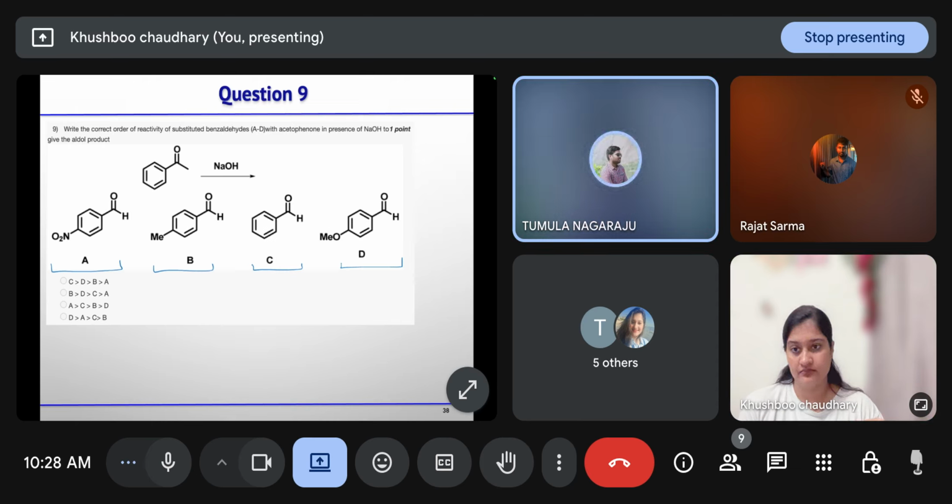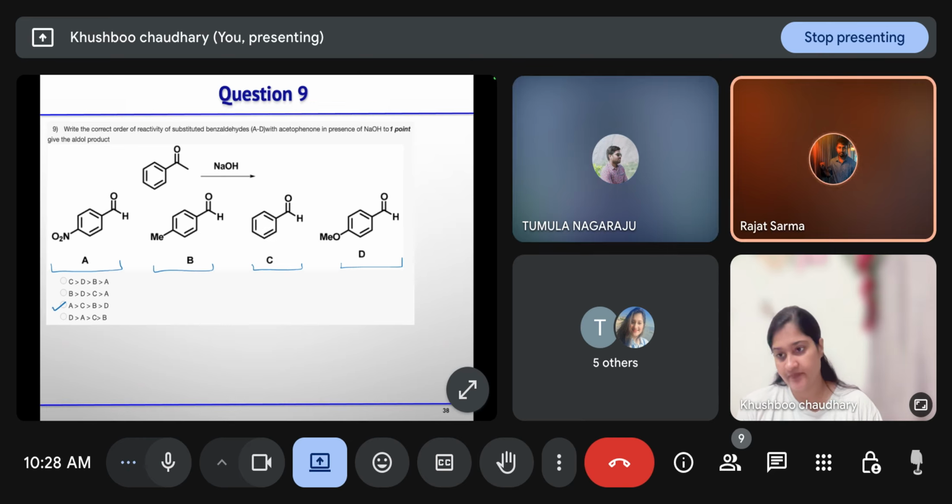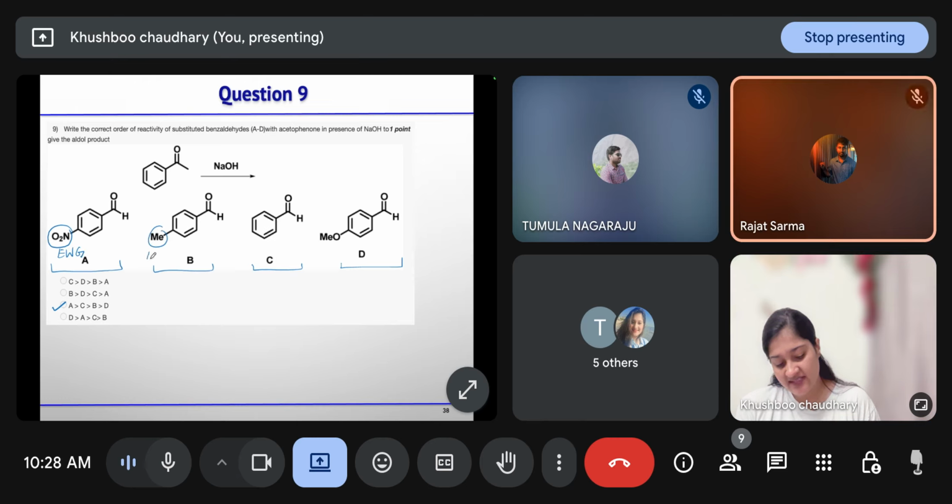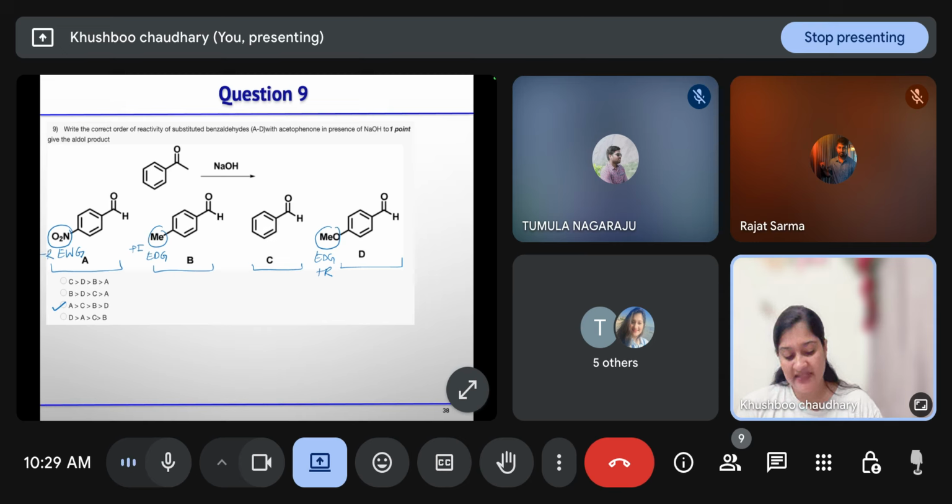Option C, ma'am. Correct, option C. So this nitro group is an electron withdrawing group. Methyl is electron donating through plus I. Methoxy is also electron donating through plus R, and this is minus R. And benzaldehyde does not have any group. So when electron withdrawing groups are there, they pull electron density from the carbonyl carbon and make it more electrophilic.